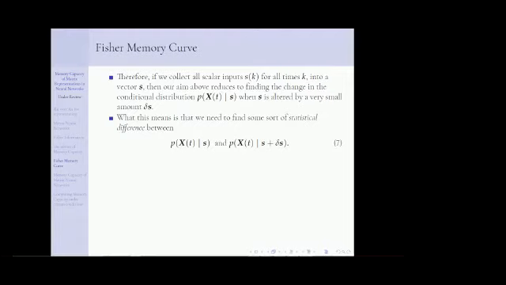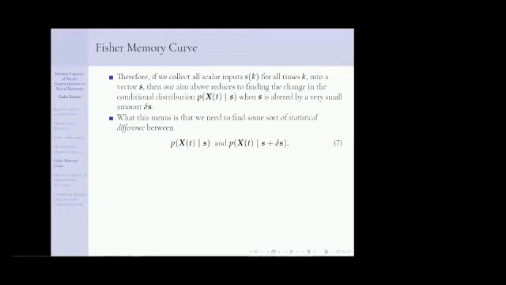So we actually need a notion to find some sort of difference between two probability distributions. One is the probability of xt conditional on all the previous inputs, and the other is conditional on the previous input vectors plus a small bit of change.